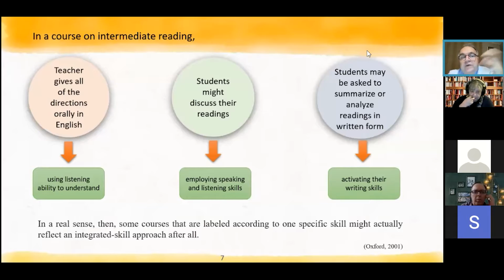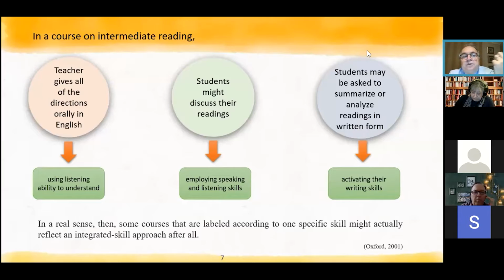When you read these statements, probably you will consider a single skill. But it is really impossible to talk about one specific skill in each situation.